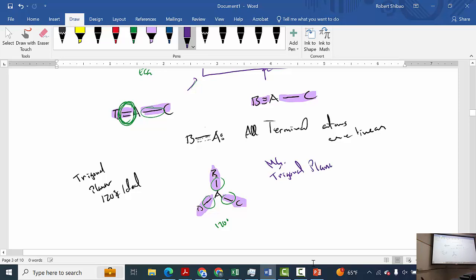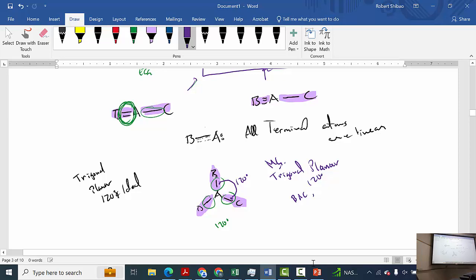So this is going to be a trigonal planar shaped molecule. This is the MG. And even with different sized atoms, we'd expect the angles to be 120 degrees, because they're all single bonds.